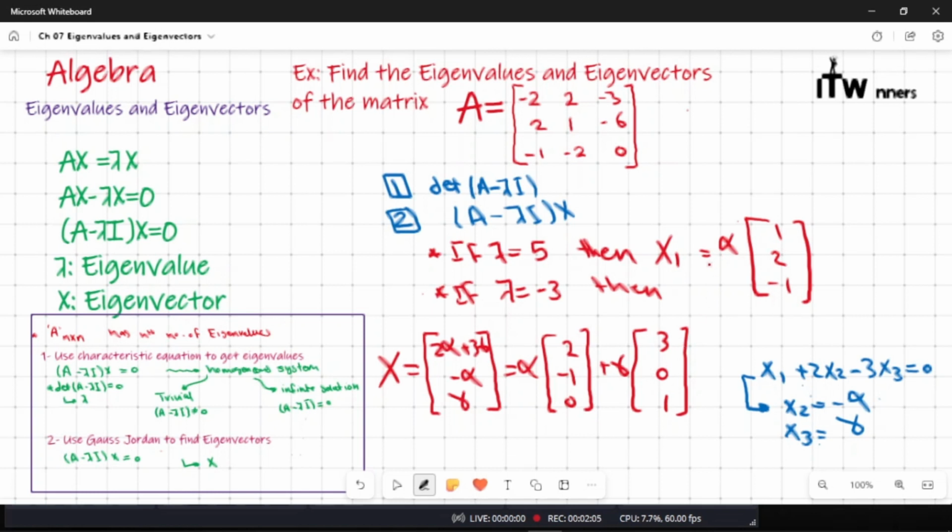Okay, so from this multiple value we get two eigenvectors as we see. I hope this is clear.